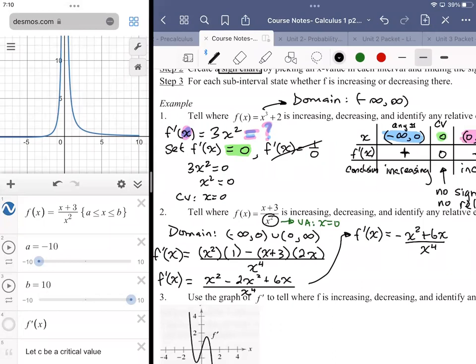I'm noticing a common factor up top that can be pulled out. Pull out that x. When I pull out that x, I can cancel it with one of the x's on the bottom.